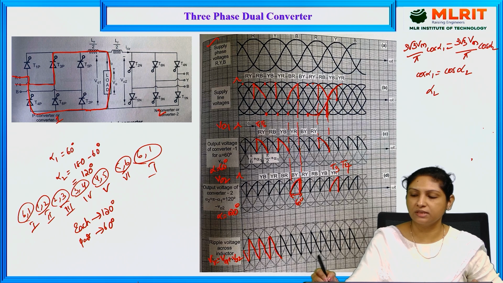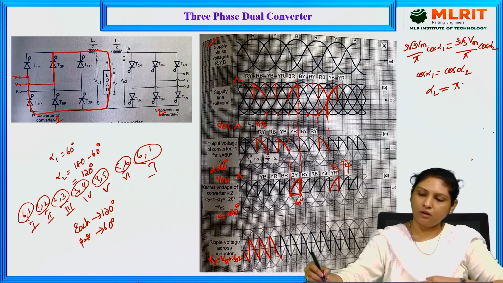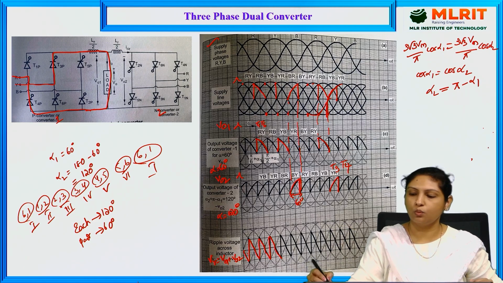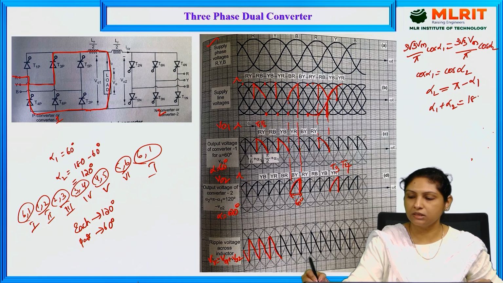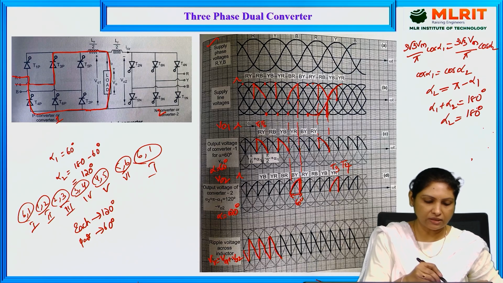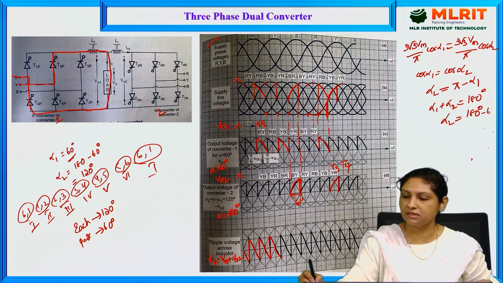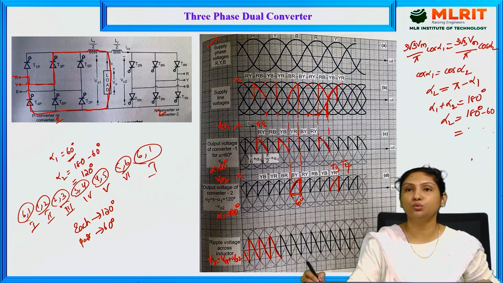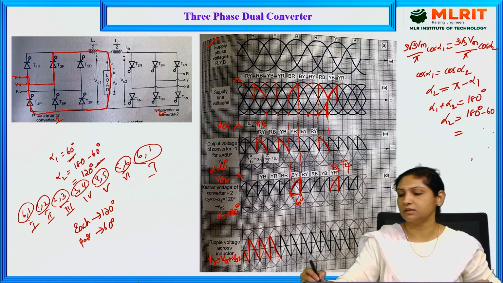Alpha 2 is equal to pi minus alpha 1, where alpha 1 plus alpha 2 is equal to 180 degrees. In that case, alpha 2 will be 180 minus alpha 1, which is 60 degrees. In that case, alpha 2 should be triggered at 120 degrees.